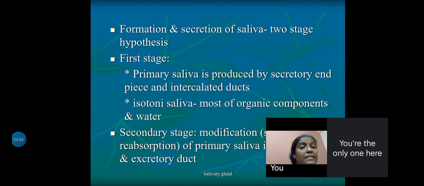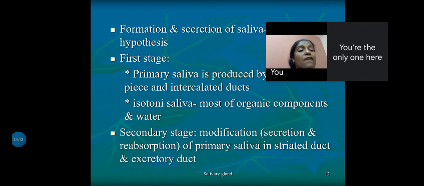In the secondary stage, when saliva moves from the secretory end piece into the ductal system, modification of saliva occurs, where there is secretion and reabsorption of important components inside the saliva. Sodium is going to be reabsorbed, removal of potassium takes place, bicarbonates are added. So many things tend to occur in this. This way, a lot of water is added into the saliva.